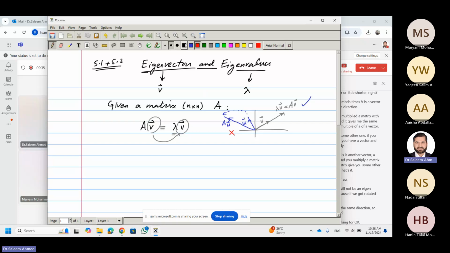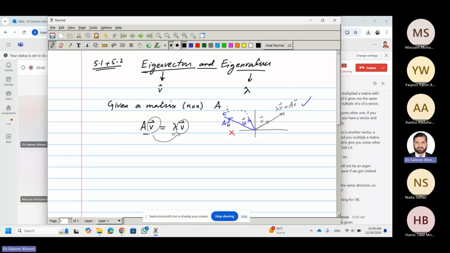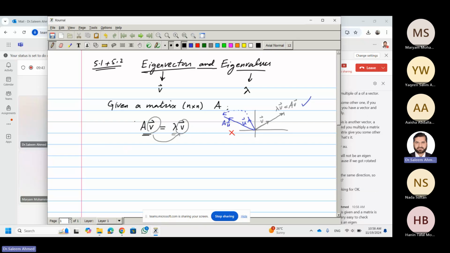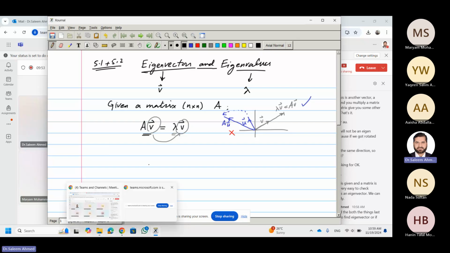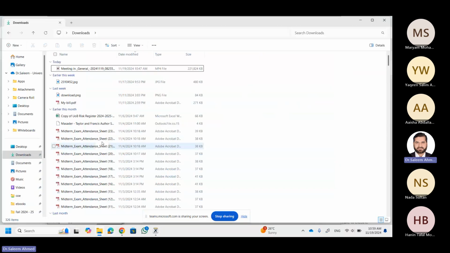If a vector is given and a matrix is given, it's very easy to check whether it's an eigenvector. We can just multiply. I think I did both things last time, how to find the eigenvector and how to check it.